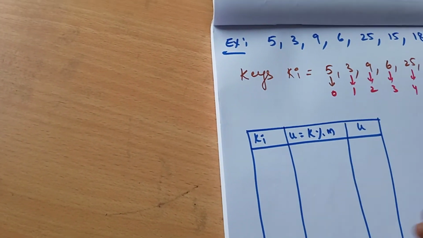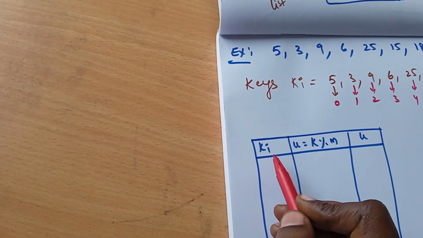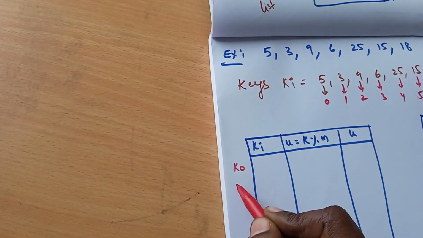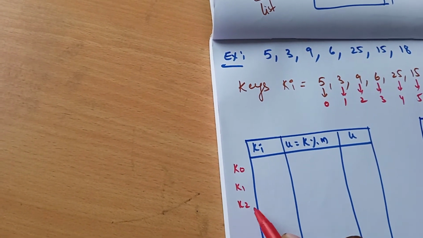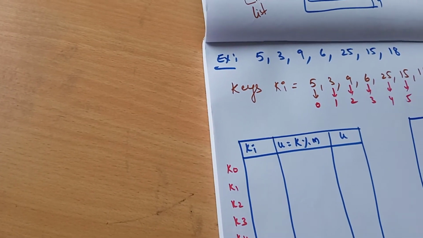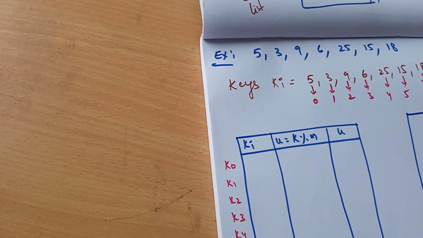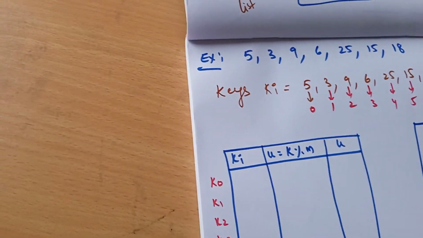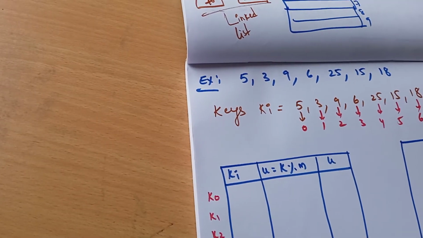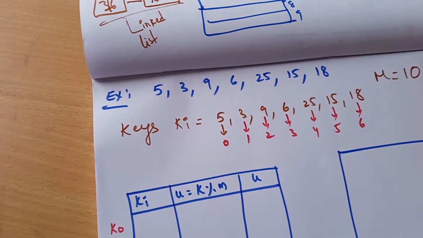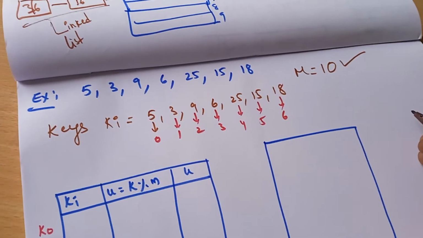Now consider the elements ki, so k0, k1, k2, k3, k4, k5 and k6. And what is the maximum size? The maximum size m is equal to 10.